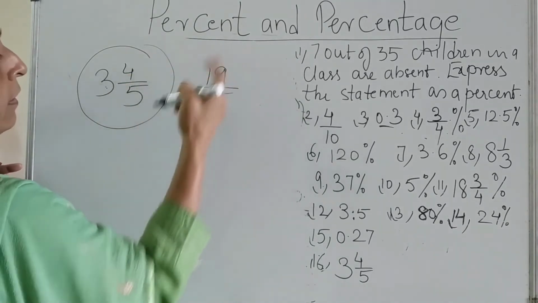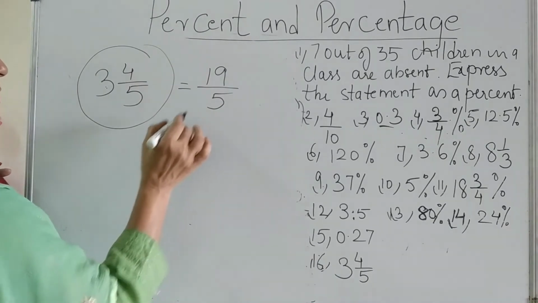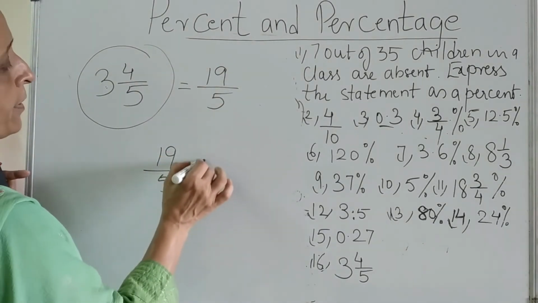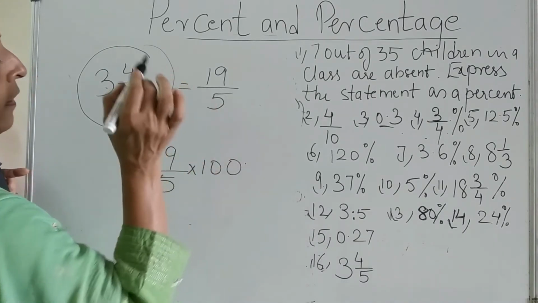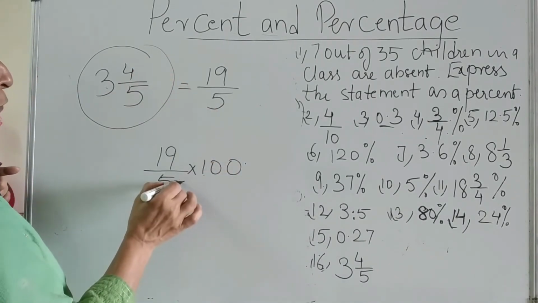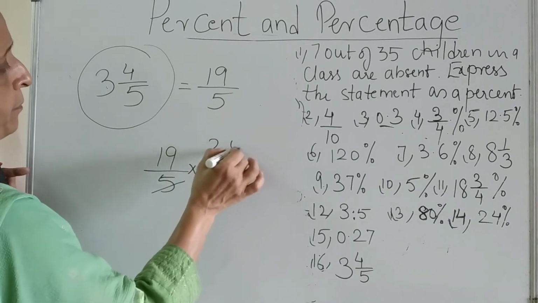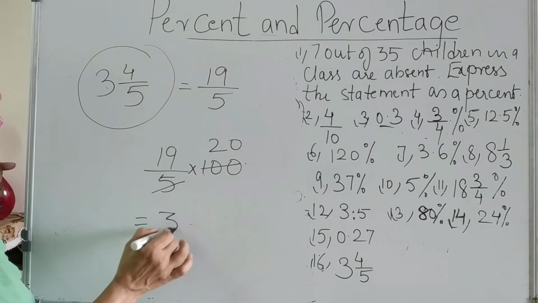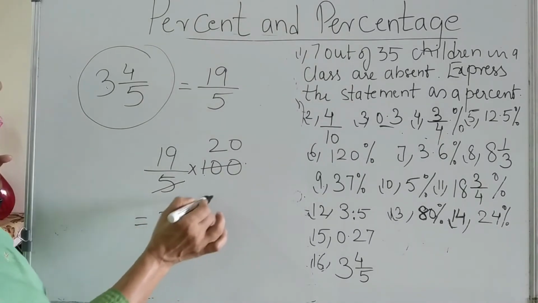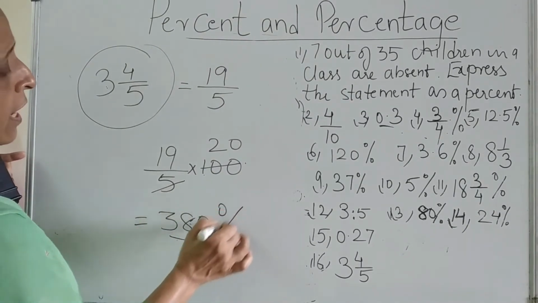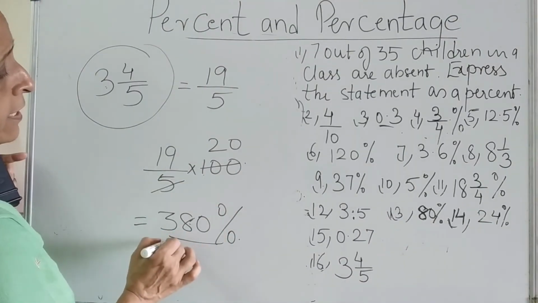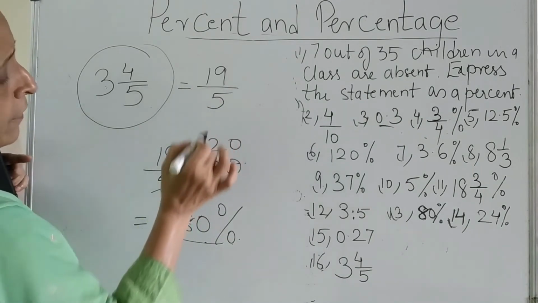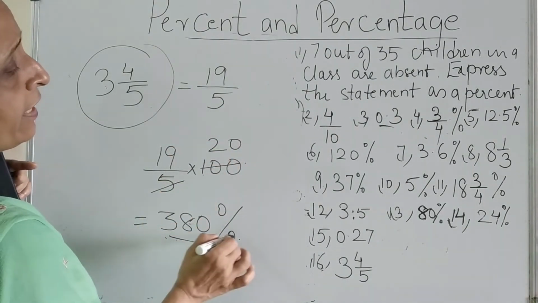This is the ratio. Now this 19 by 5 has to be converted into percentage. You multiply by 100. Now 5 twenties are 100. Now 19 twos are, you know, it is 38. So 19 twenties are 380. So the answer here for percentage is 380.